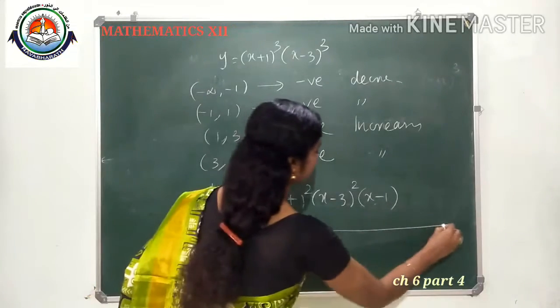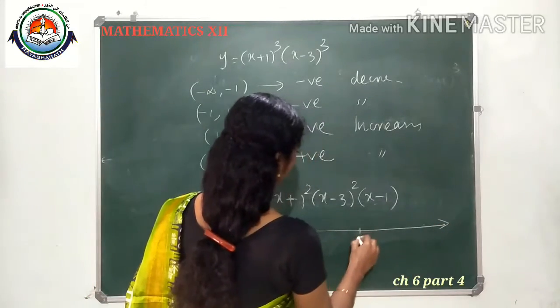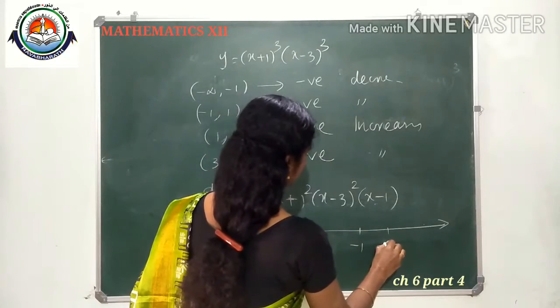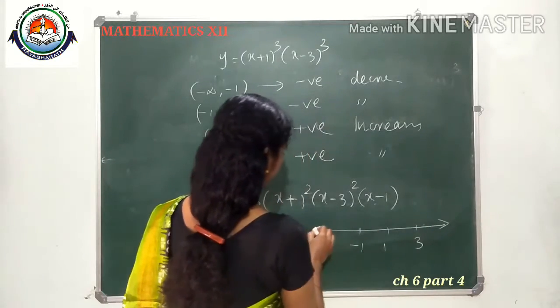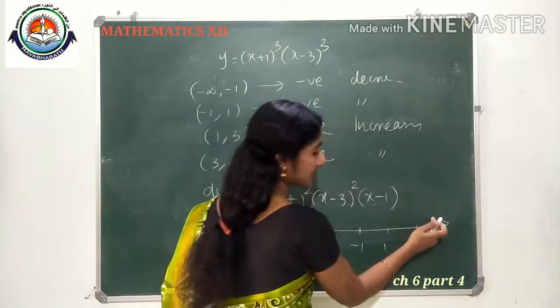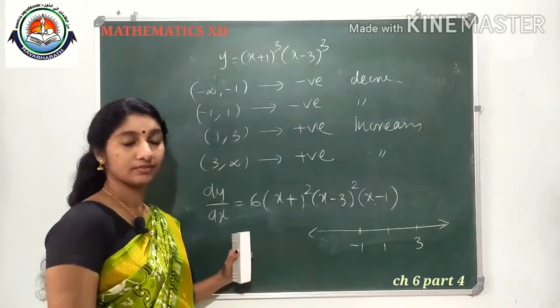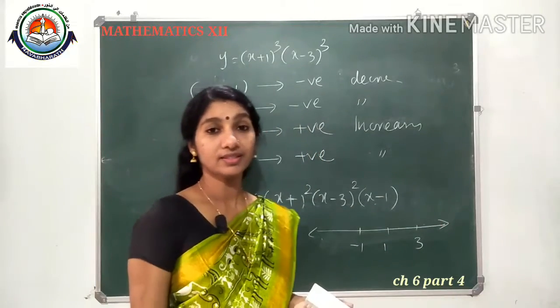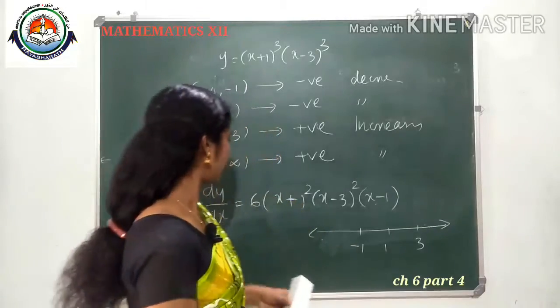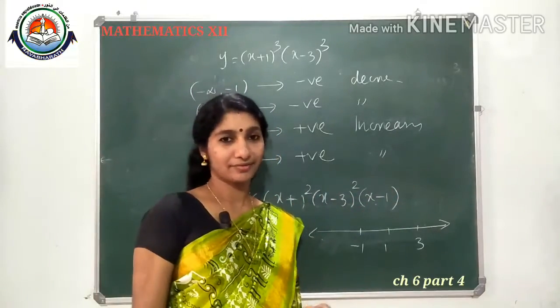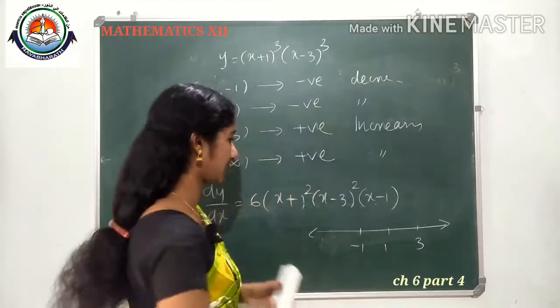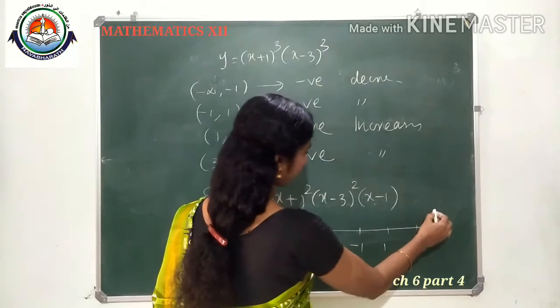Therefore, with minus 1, 1, 3, from the right side we are looking at the graph of the derivative. It's a 5th degree polynomial, its graph we don't know, but the sign we can check. See, the graph will come like this.